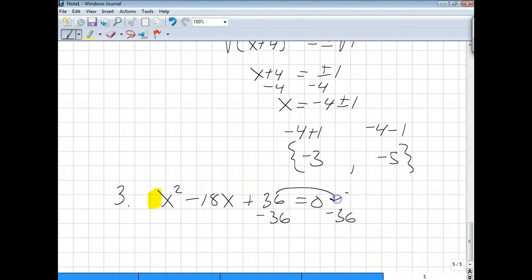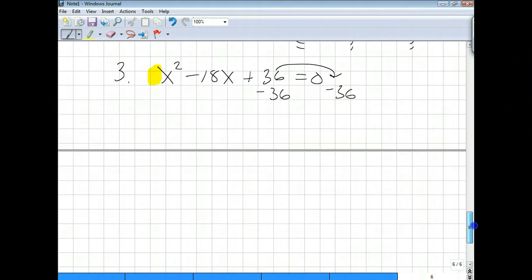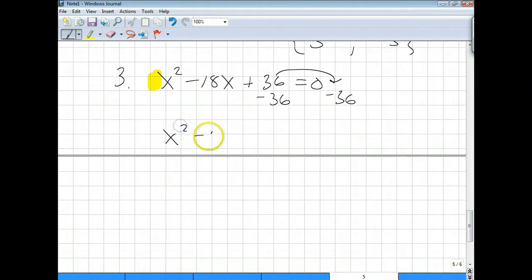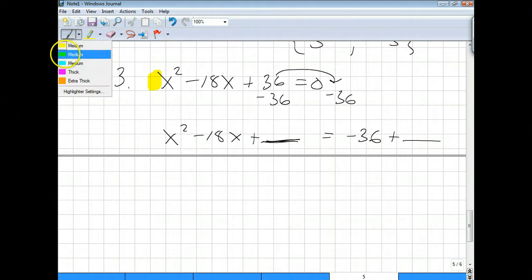So I'm moving this over here. Then remember I leave a space because I'm going to add something specific. But if I add something to this side, I have to add the same amount to that side. So now the goal is, what is it that I'm going to add right here?